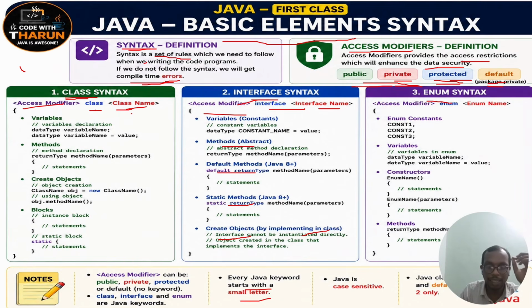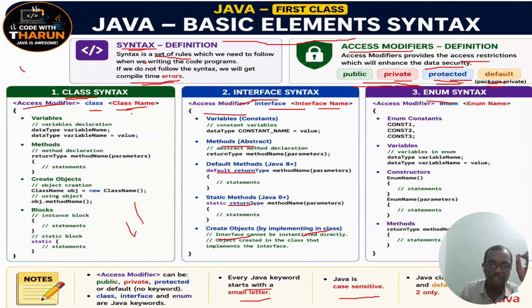Why I am telling like this is because Java is case sensitive. Small letter class and capital letter Class, or small a and capital A, are both different in Java. So I am mentioning that Java is case sensitive.